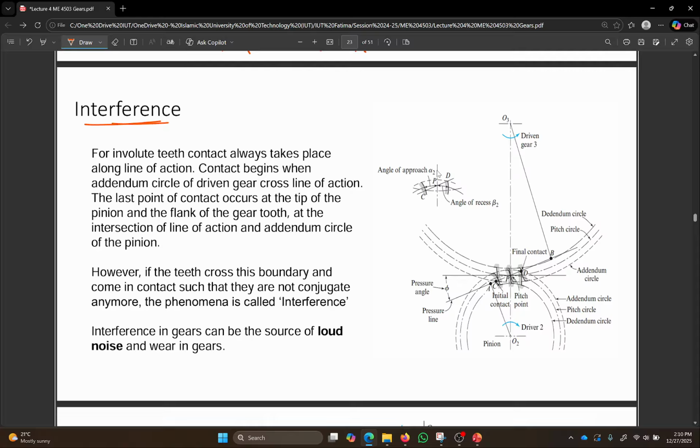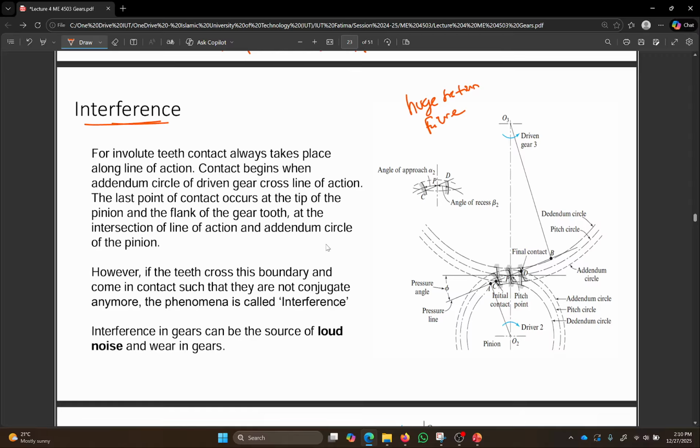This is a very problematic thing that leads to very huge friction and vibration and ultimately the failure of gears. So you have to prevent this interference. What is interference, why does it happen, and how to prevent it? We will try to learn all of this as simply as possible.